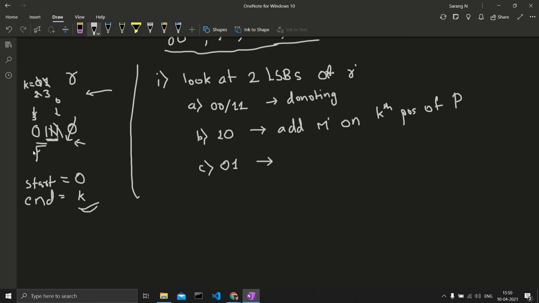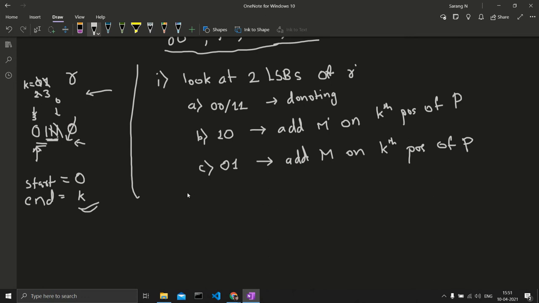So the kth position is the position we have to add the m, right? So you'll add m on kth position again of p. So these are the cases.